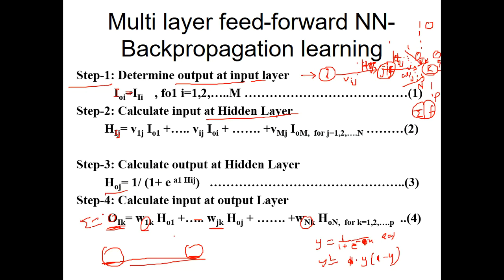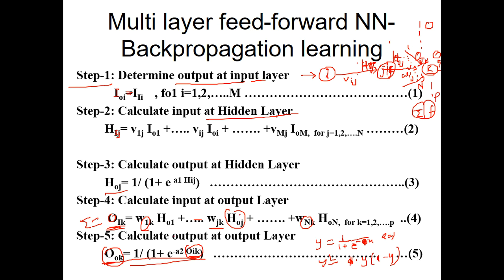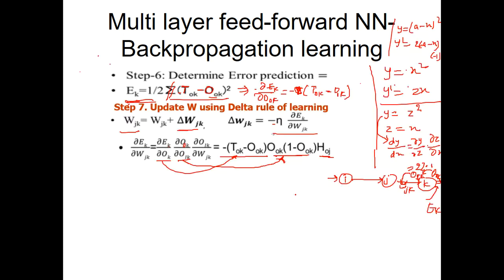OIK, if you differentiate this with respect to WJK, only this will be left out, remaining all will be 0, because in other terms WJK is not there. So this is the way we got this differentiation. Now you use this to update the weights.